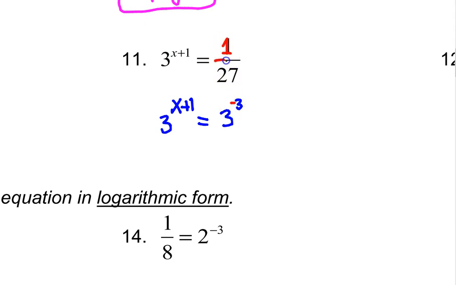So the fraction, remember, are negative exponents. And then we'll do the same thing we just did on the last. Bases are equal, therefore the exponents are. So what plus 1 equals negative 3? Subtract 1 on both sides and you get negative 4. And you can also do a check here.